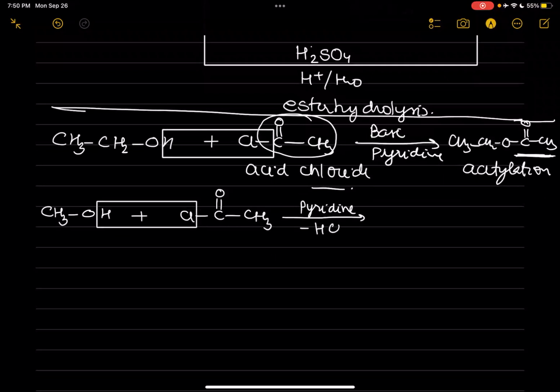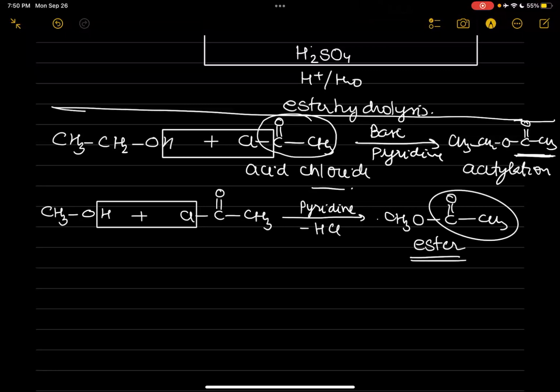What should I write as a product? CH3O, C double bond O, CH3. Yeah, very good. That's correct. HCl is removed and you will have this ester. Right. And this is acetyl group, so it is known as acetylation reaction. Okay.